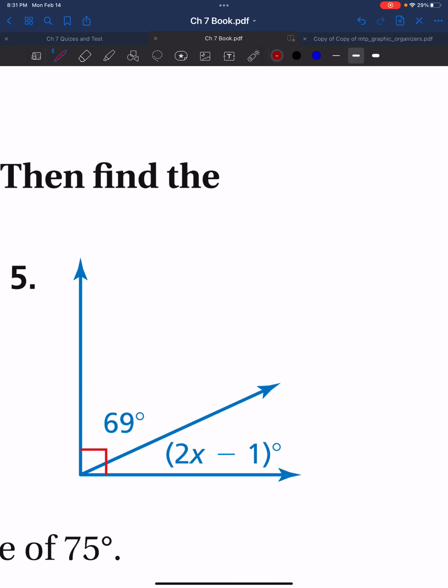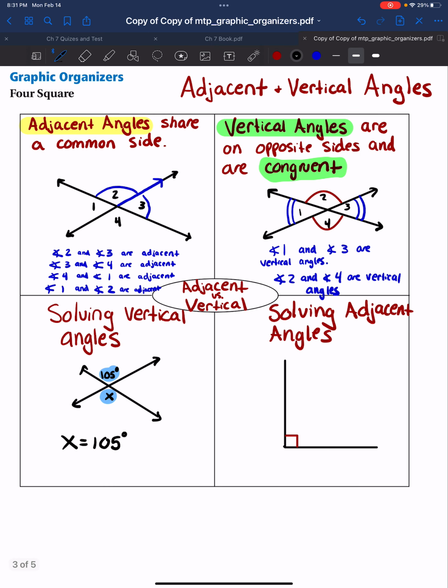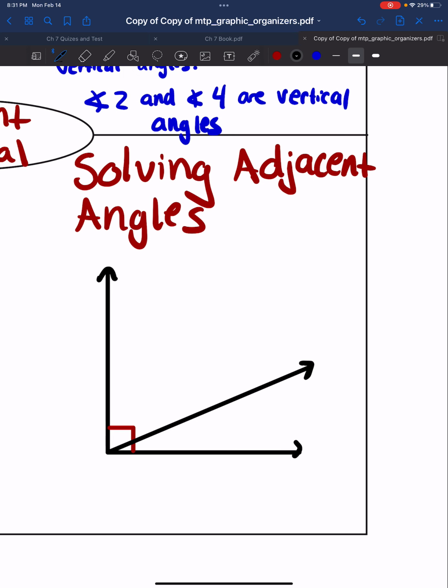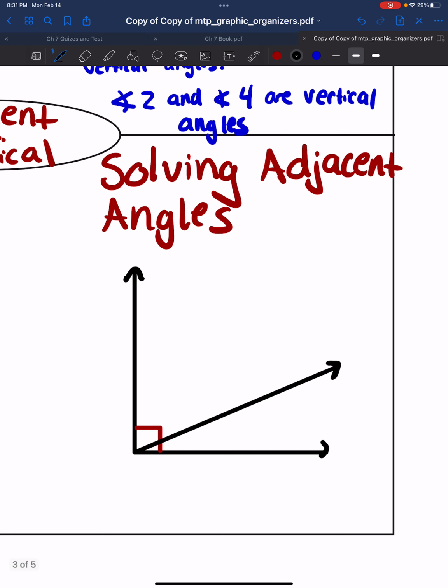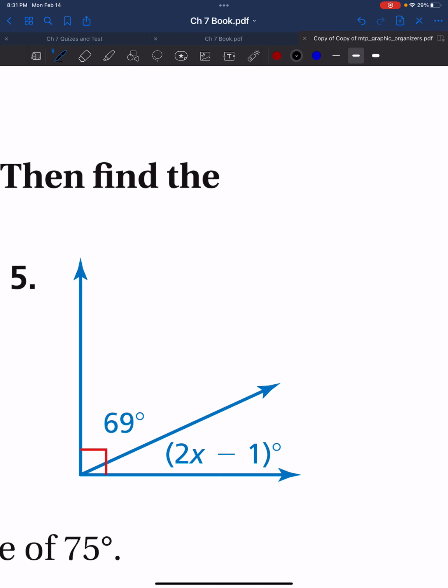And let's go ahead and split it. So we're going to make a nice little acute angle down here. Okay, don't forget your arrows, because remember, these are lines that go on forever. And inside, let's say that this is 69 degrees, and this one is 2x minus 1.